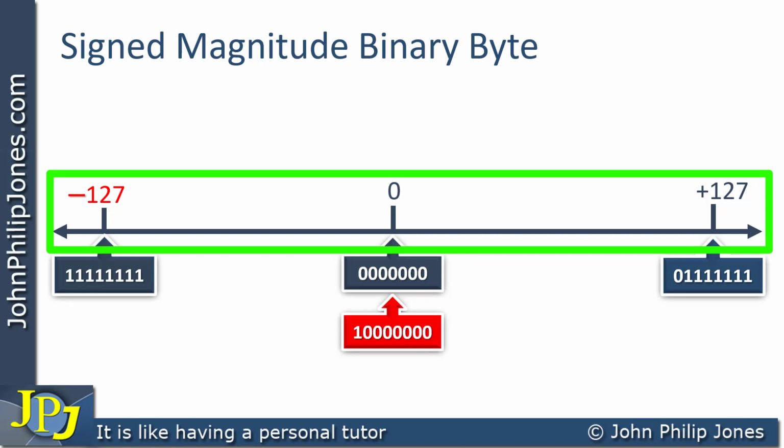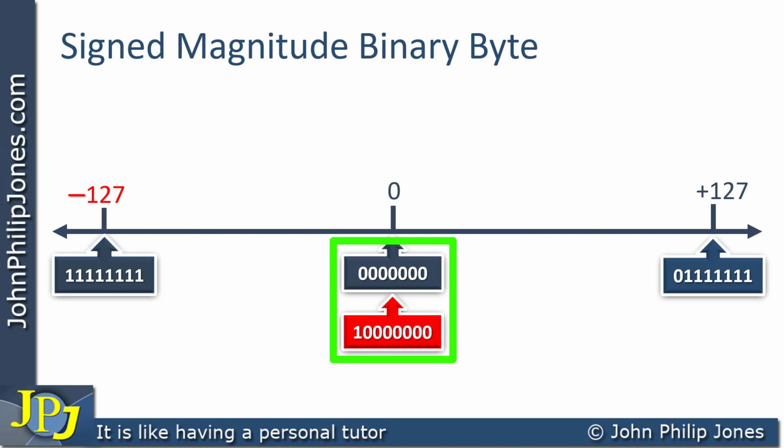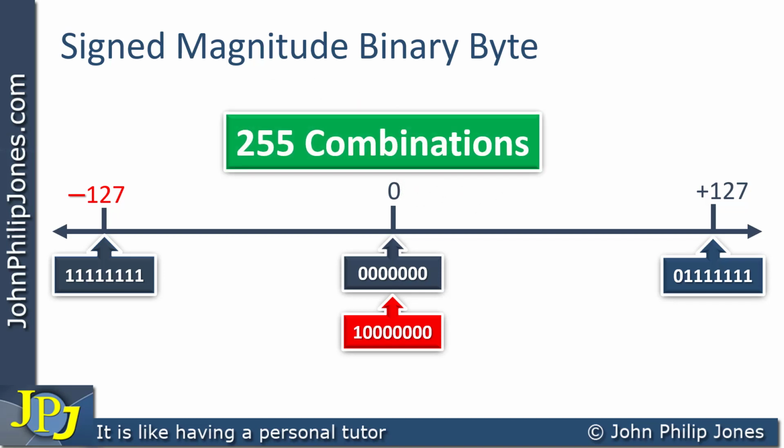We can't have a situation whereby we have a position, in this case 0, having one of two codes to represent it. The other thing we need to concern ourselves with is the fact that the number of combinations that can be represented by signed binary bytes is, as you can see appearing now, 255 combinations. Now that's because we have two of the combinations for 0.